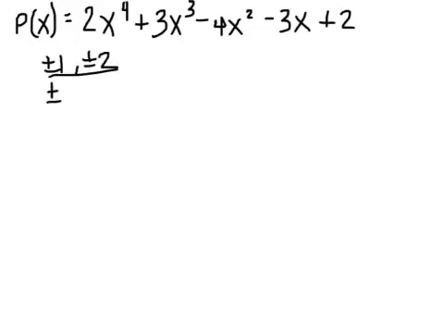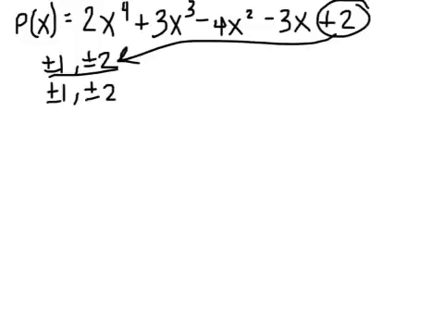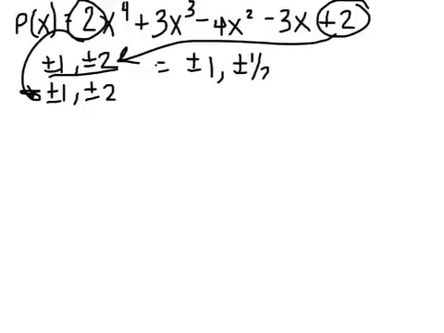And what times what gives me 2 in the front is also 1 and 2. So this 2 is for the top, and this 2 is for the bottom. If I divide everything out, 1 divided by 1 is 1, 1 divided by 2 is 1/2, 2 divided by 2 is 1, and 2 divided by 1 is 2. So there's my list.